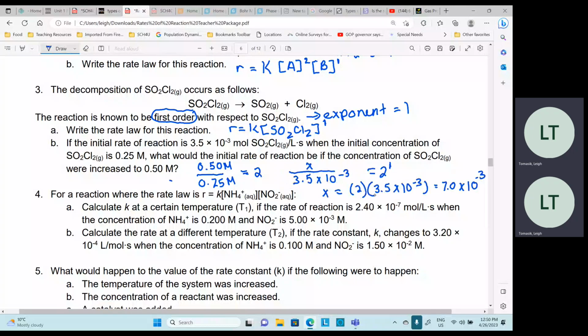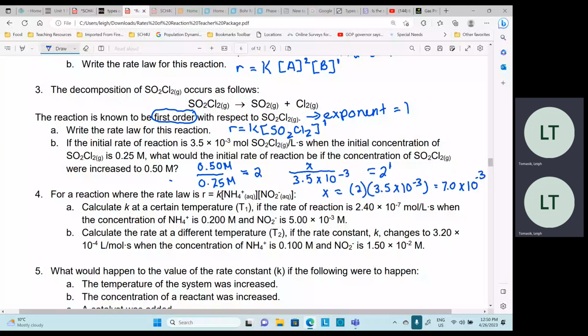I just doubled the first number. If you double the first number and it doesn't go over 10, you keep the scientific notation as is. And if not, well, we'll learn about that when we run into it.